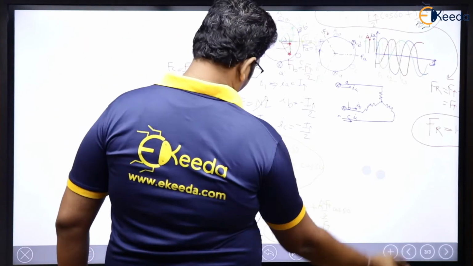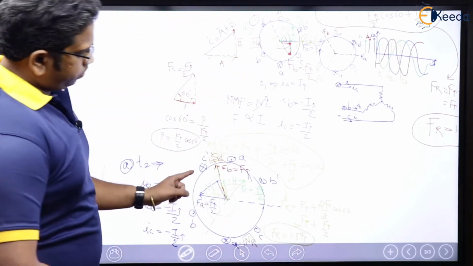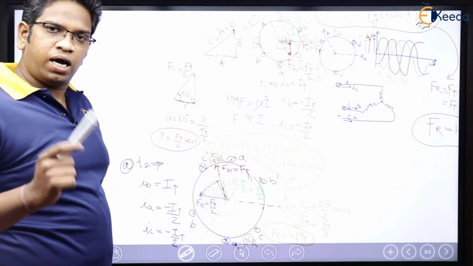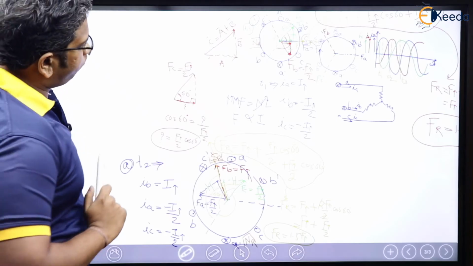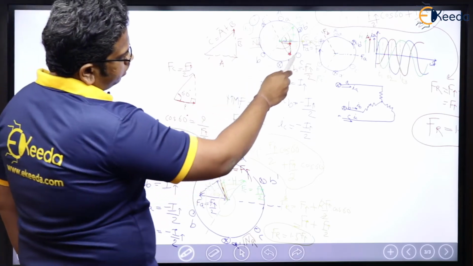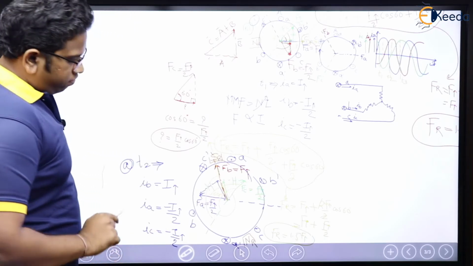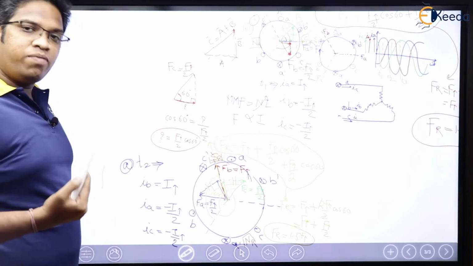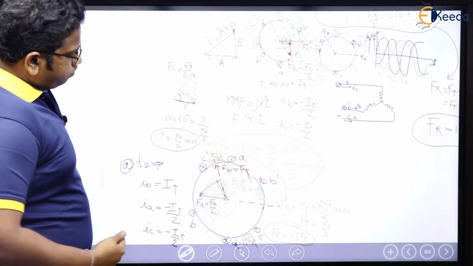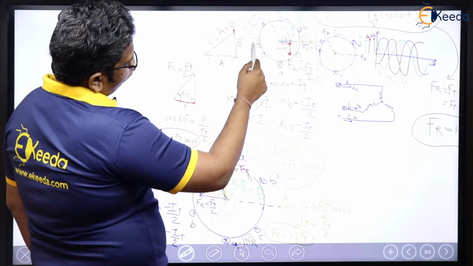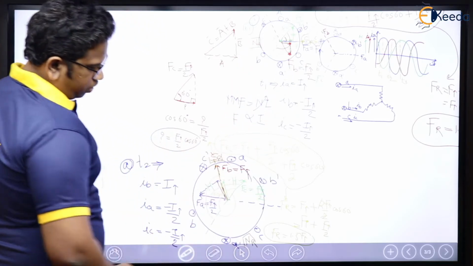See, at first case at T1, what happened is when IA was maximum, here was the south pole, here is the north pole, right? And when IB was maximum, in T2 case, this south pole got shifted here and this north pole got shifted here, right?